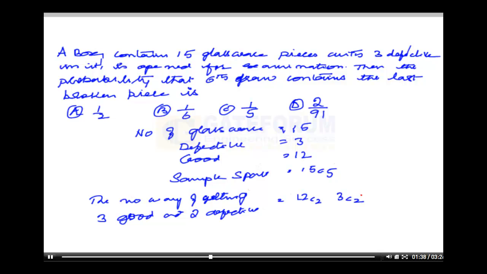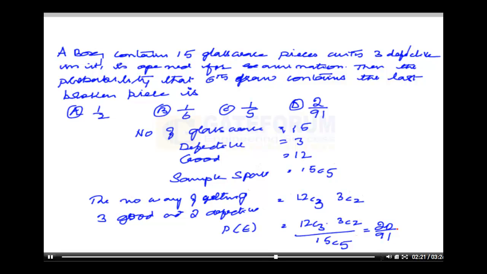Therefore here we get in all the 5 chances 3 good and 2 defective. So to get the above result, the probability should be 12C3 into 3C2 divided by 15C5, which is the sample space. So this will result in 20 by 91.